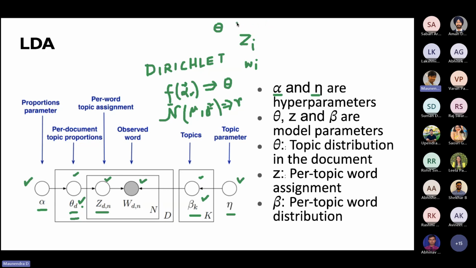These are the positions or offsets in the document, say i equal to position 1, 2, 3, 4, 5, 6, and so on. For the first position, sample a topic, say topic 0. Generate a word, say I. For the second position, generate a topic. Suppose now I generate 3. And for this topic, generate a word, say play.